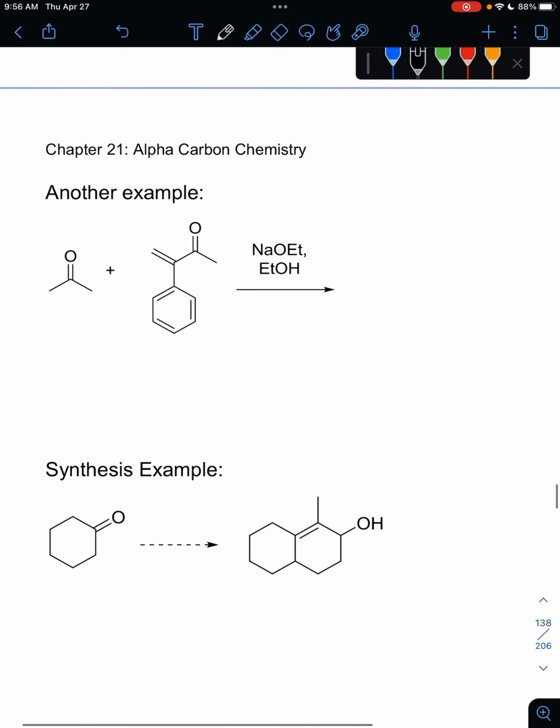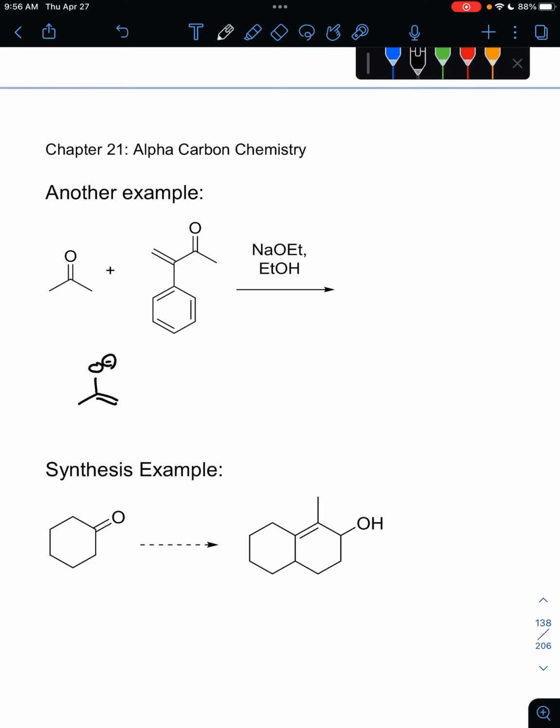So this here is actually a good Robinson annulation setup. We have an enolizable ketone, and a Michael acceptor, a Michael addition acceptor, 1,4-addition acceptor. So how would this work?